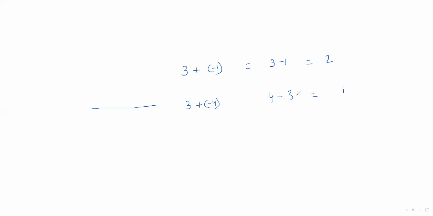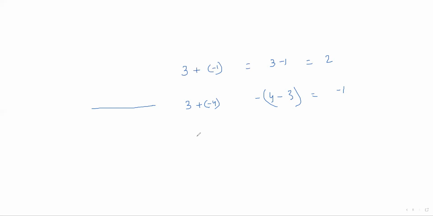But since 4 is negative and 3 is positive here, we took exactly the reverse sides for both. So for the answer also, you have to take the negative of this one. So you get negative 1. Hope you understand. So 3 adding to negative 4.